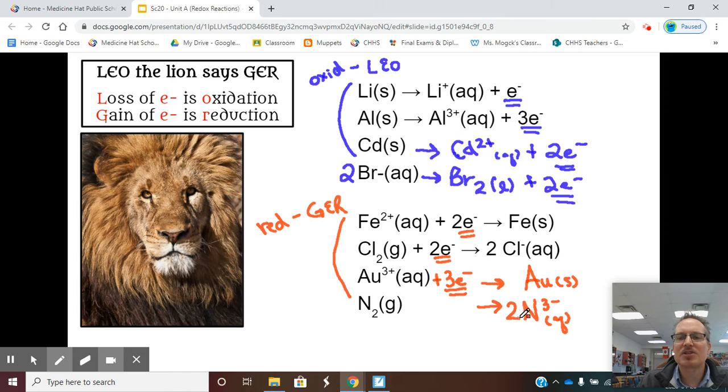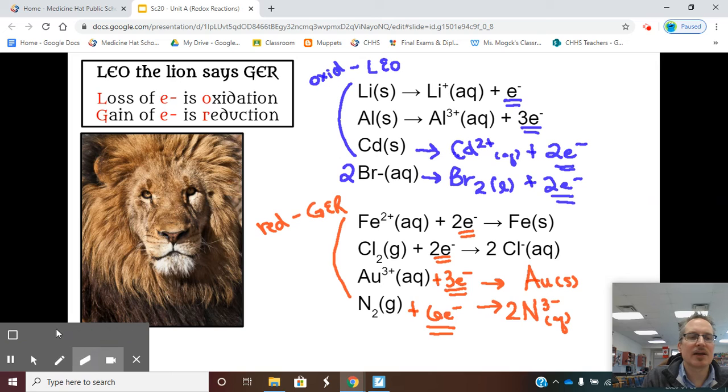So we're going to have to put a 2 here. 2 nitrogen, 2 nitrogen. We have 6 negative. N3 minus plus N3 minus is 6 negative. So we're going to need 6 electrons. Again, since the electrons are on the left-hand side, we are gaining electrons. Gaining electrons is called reduction. Leo the lion says grr.